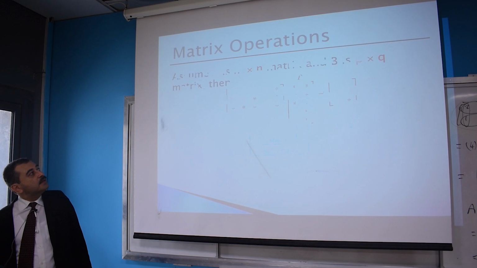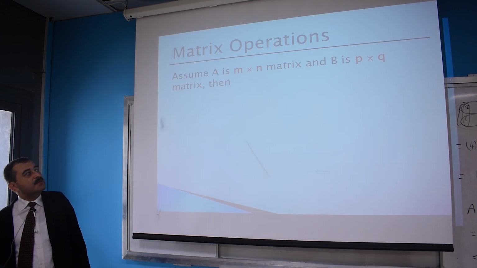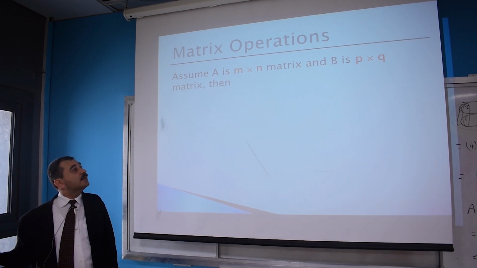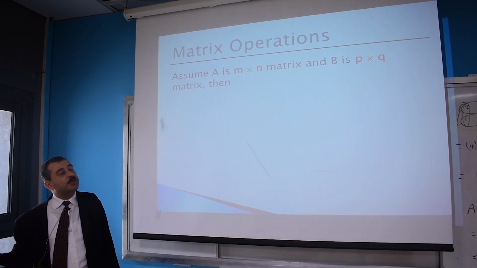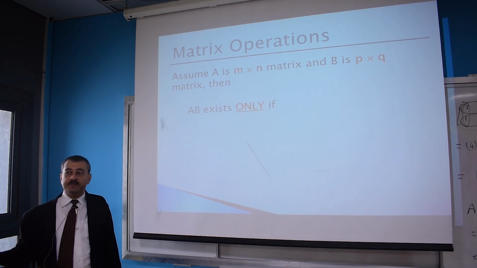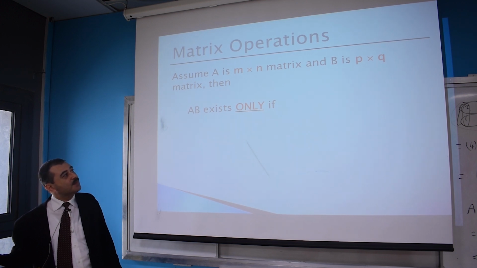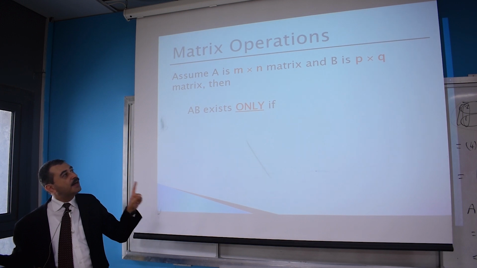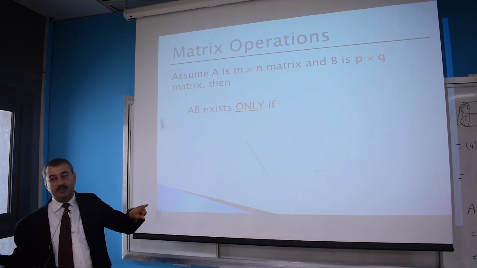So to summarize, if you have A and B, and A has a dimension m by n, and B has a dimension p by q. So AB exists only if one condition: n equal p.